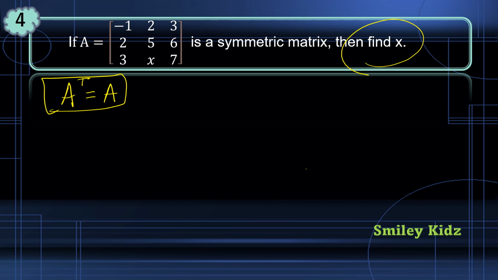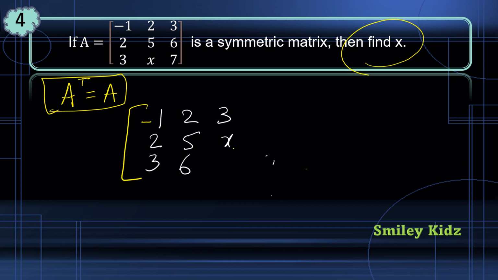Then find out A transpose. What will A transpose be equal to? Minus 1, wait, this is going to be minus 1, 2, 3, right? Then 2, 5, 6, then 3, x, 7. This is my A transpose, which is meant to be equal to A.